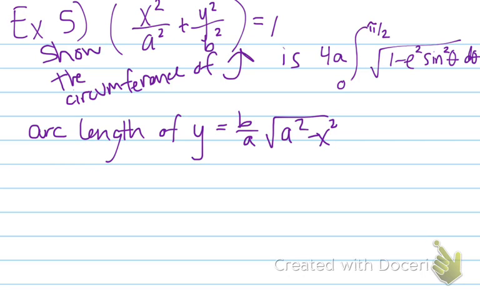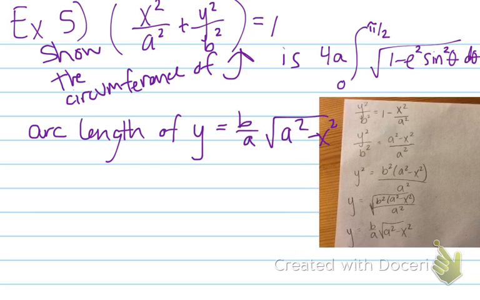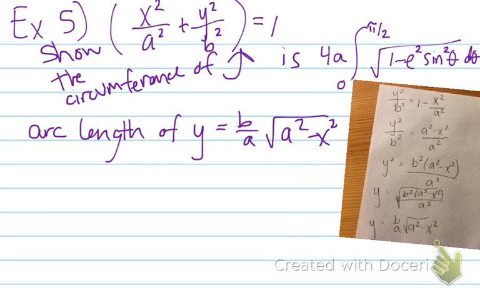In case you're wondering where they got that, I've done a little work over here. If you start with the original equation and subtract the x squared over a squared to the other side, then you can get like terms.